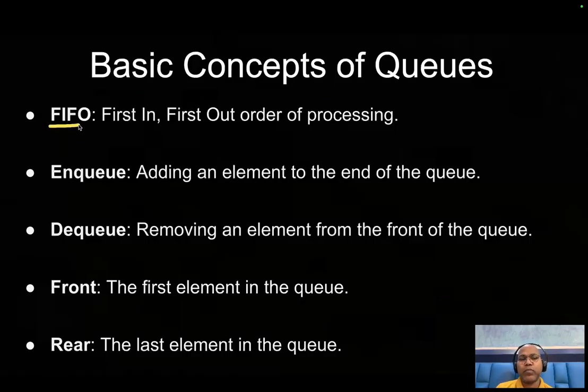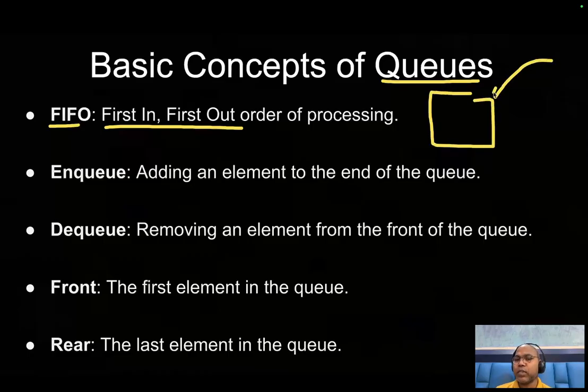We talked about first in, first out being the basic principle of the queue. That means the element that first comes into the queue also goes out first. A queue is a data structure which holds a collection of incoming elements, multiple elements.